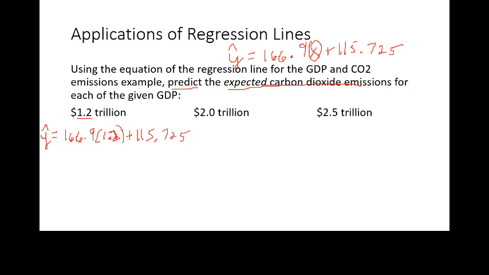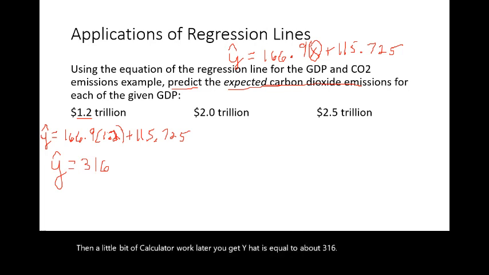Then a little bit of calculator work later, you get y hat is equal to about 316. So what this means is that for a country with a GDP of $1.2 trillion, we expect their CO2 emissions to be about 316 million metric tons.